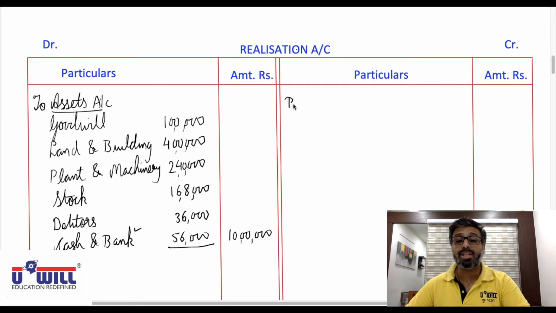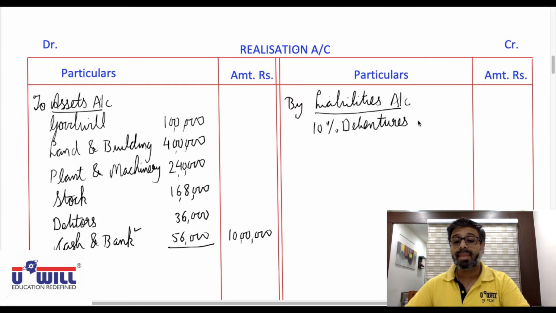So realization account on credit side by liabilities account, and only two liabilities will come in that: 10% debentures 1 lakh and creditors 20,000. So 1,20,000.